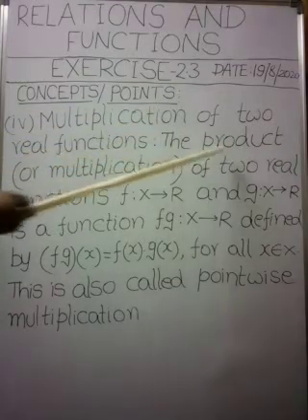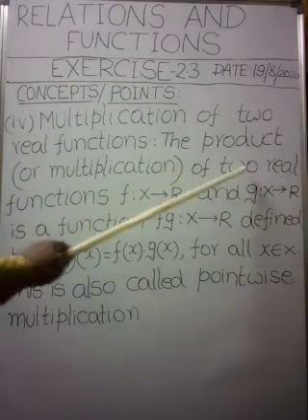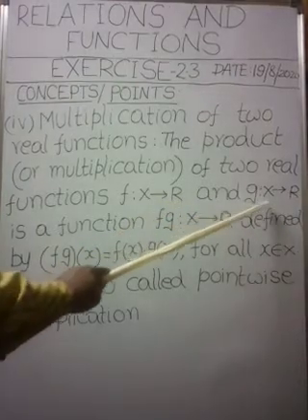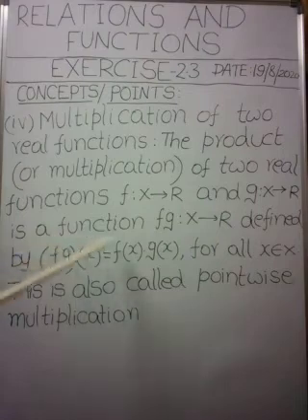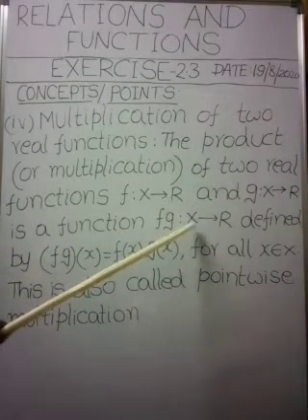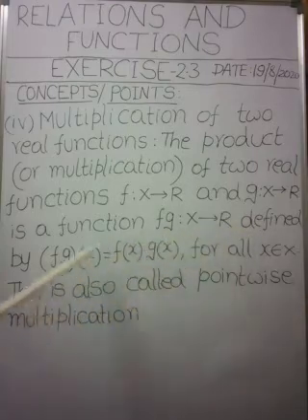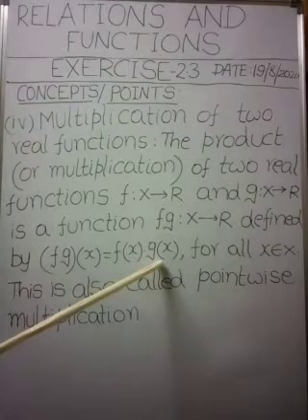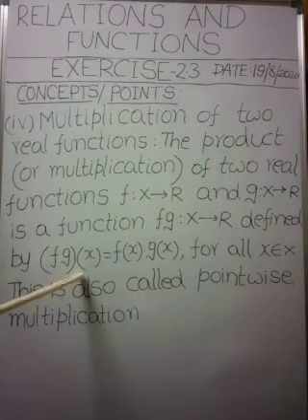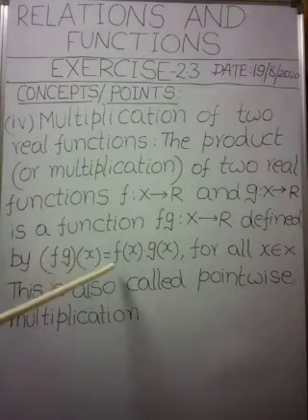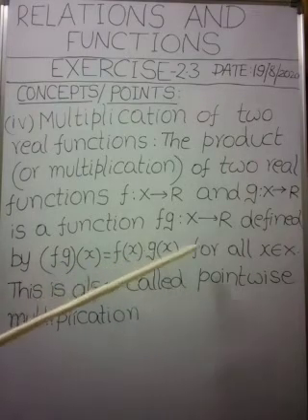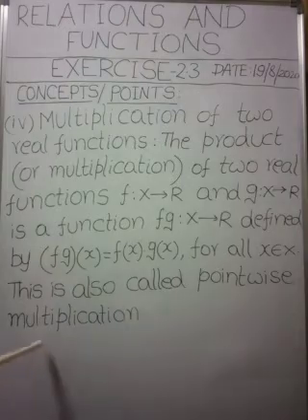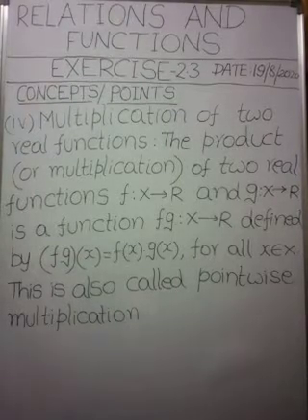The product of two real functions, f from X to R and g from X to R, is a function fg from X to R defined by (fg)(x) equals f(x) times g(x). Remember this equation, it is important. So (fg)(x) is equal to f(x) times g(x) for all x belonging to X. This is also called point-wise multiplication. Understood this point?